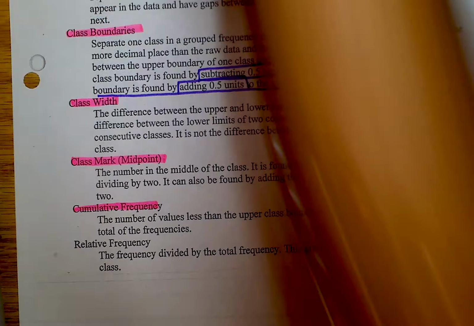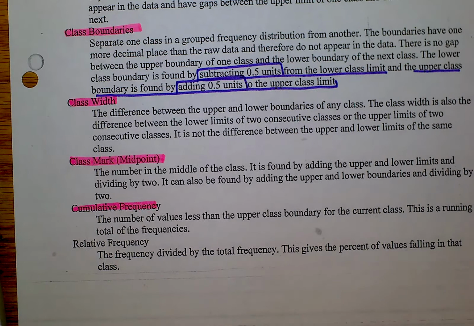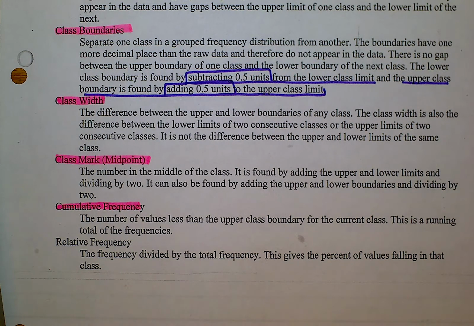Cumulative frequency: the number of values less than the upper class boundary for the current class. This is a running total of the frequencies. Relative frequency: the frequency divided by the total frequency. This gives the percent of values falling in that class.